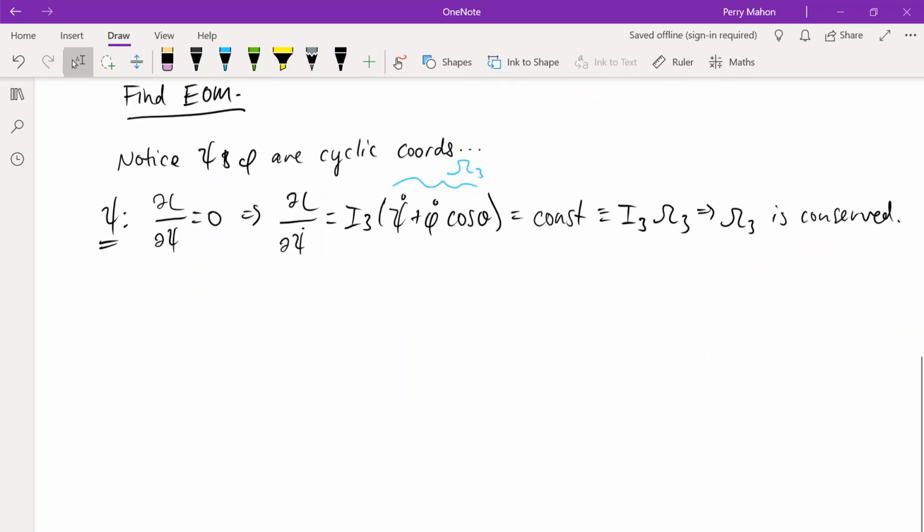Great, so that's the Euler angle psi. Now we'll look at phi. So dL by dphi is 0. If we look at dL by dphi dot, this is just implementing the Euler-Lagrange equations, so you should be familiar with this.